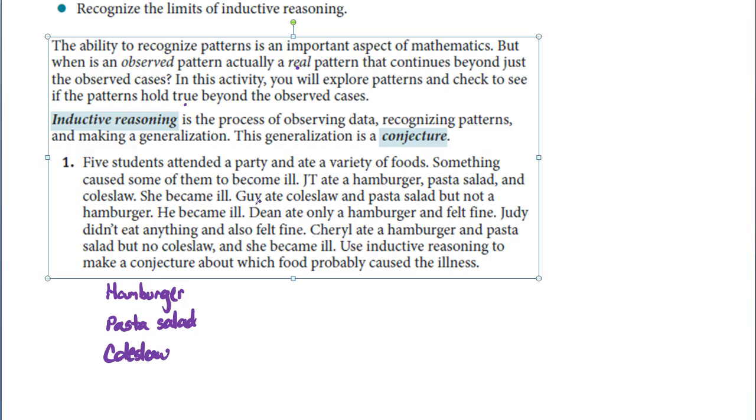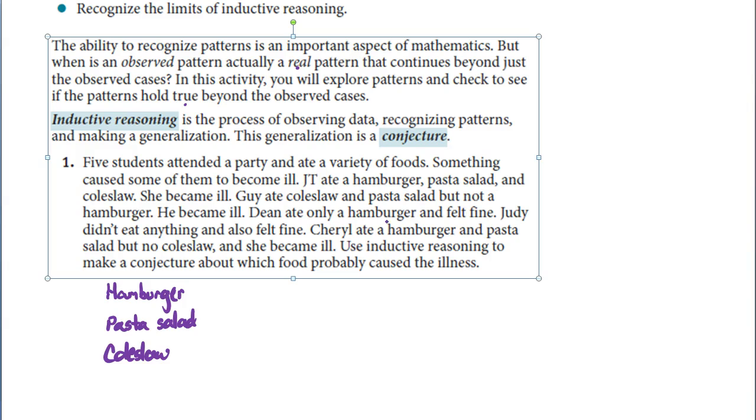Next sentence, Guy had coleslaw and pasta salad, but not the hamburger, and he became ill. So from that sentence, I think it's probably either the coleslaw or the pasta salad that's the culprit, not the hamburger. But it could be one of these items and the hamburger made him sick.